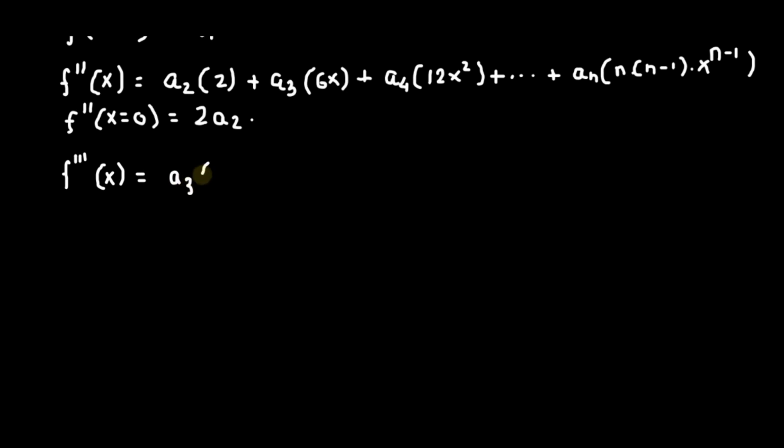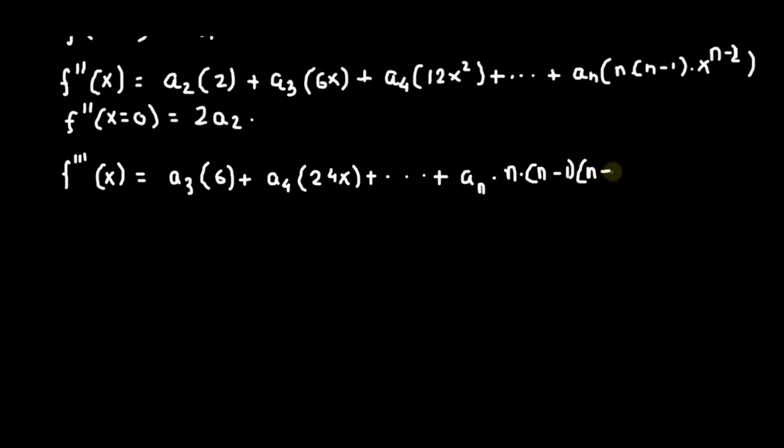We have a3 times the derivative of 6x, which is going to be 6, plus a4 times the derivative of 12x squared, which is 24x, plus all the way up to the final term, the nth term, which is simply an times n minus 1. So this is not n minus 1, this is n minus 2. So n times n minus 1 times n minus 2 times x raised to the power n minus 3.